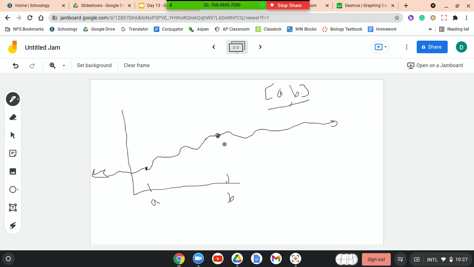We only care about the values in between a and b, including a and including b. So even though b is not a maximum for the whole function, because it goes on over here, on the interval a b it is, because we're only looking at the interval.